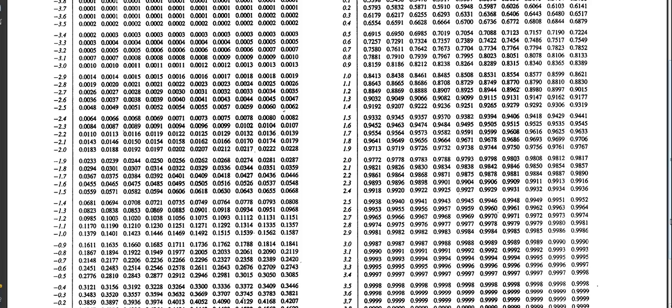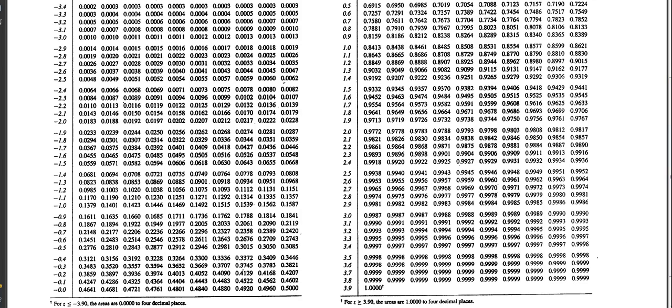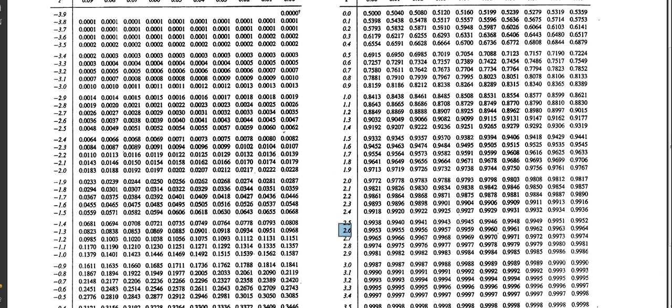So if I'm looking up 2.68, my first one decimal place is right here, 2.6, and the second decimal place is 0.08 up here. Where those two intersect is 0.9963.